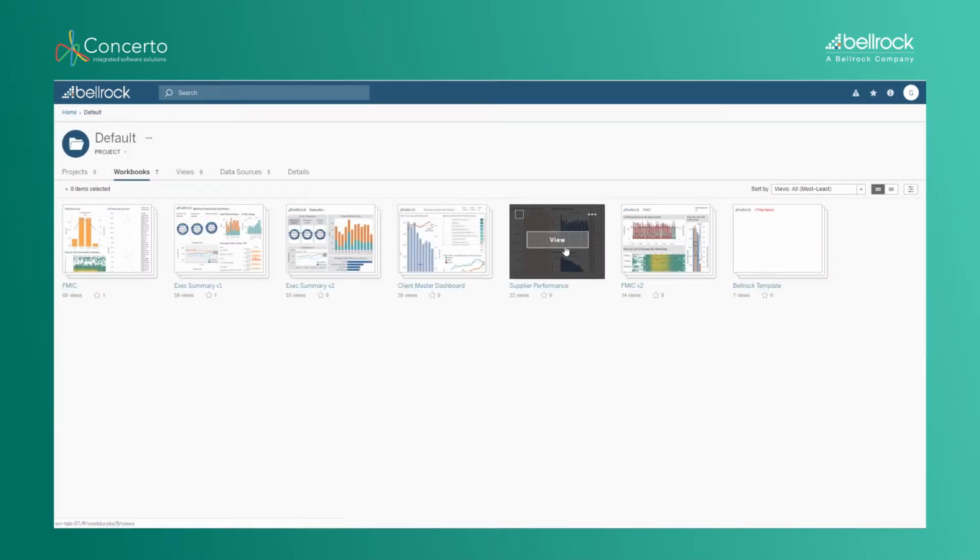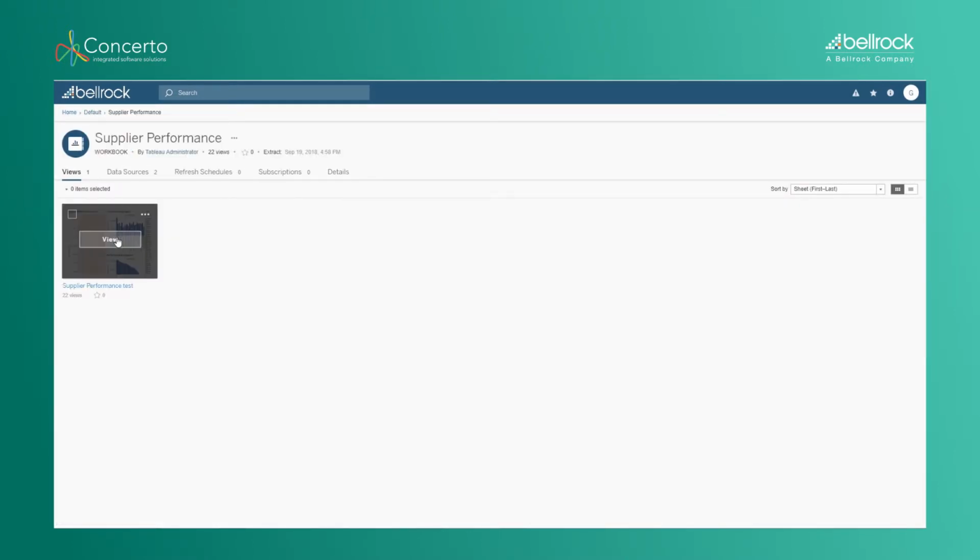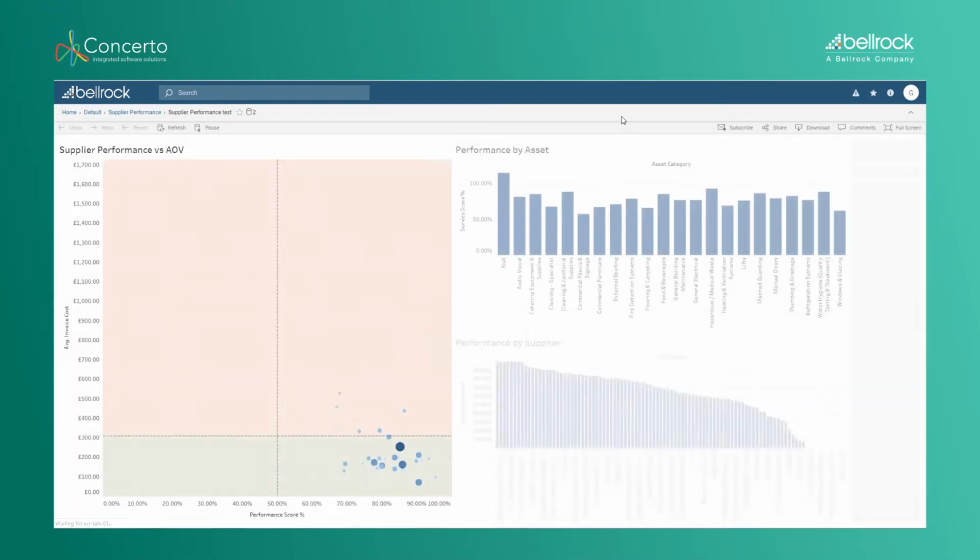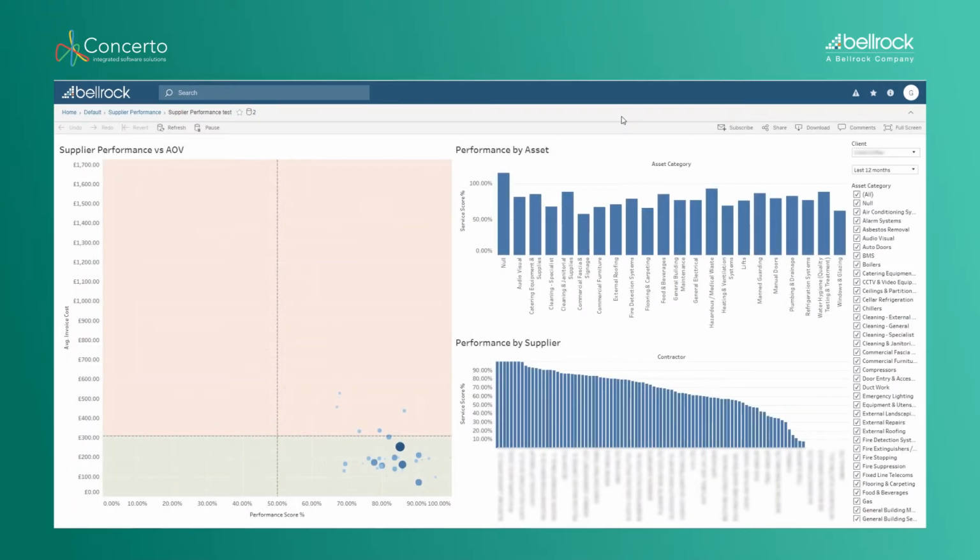Alongside of this, we can do detailed supplier analytics to see how our supply chain as a whole is performing. What we're trying to demonstrate here is a supplier's performance versus cost. So for example, a supplier within this quadrant would be faring quite well in that their service score is up above 90% with a low average invoice value in comparison to some other suppliers who utilize that asset category as well.